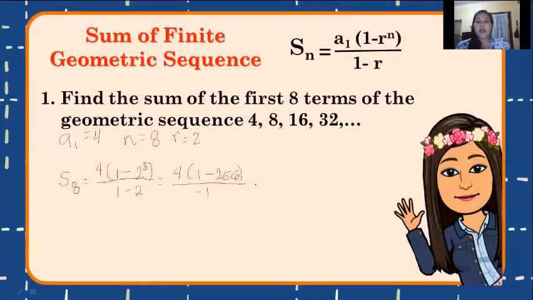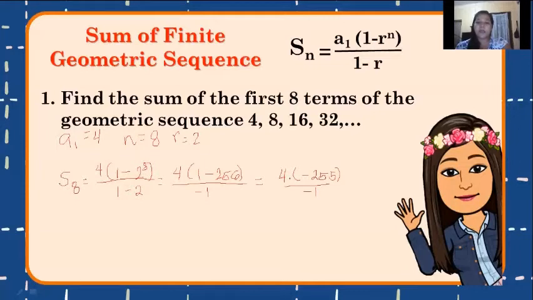So that is equivalent to 4 times 1 minus 256, which will be negative 255, over negative 1.